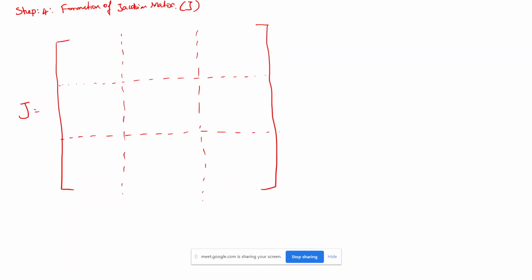Yesterday I said, which order of derivatives will we get here? First order or higher orders for Jacobian? Only first order derivatives will be there in the Jacobian matrix, right? That is what I mentioned yesterday.